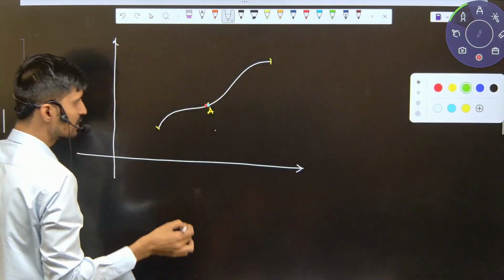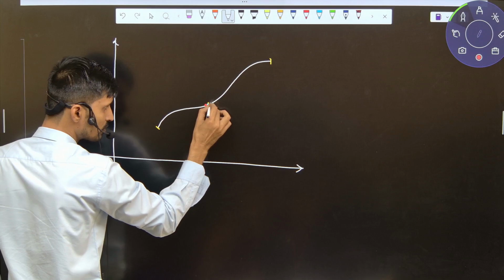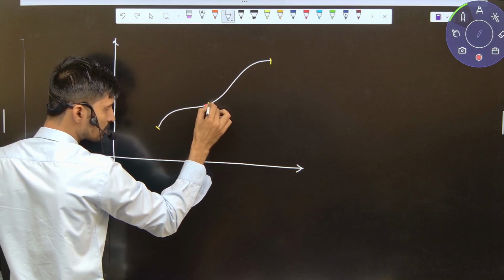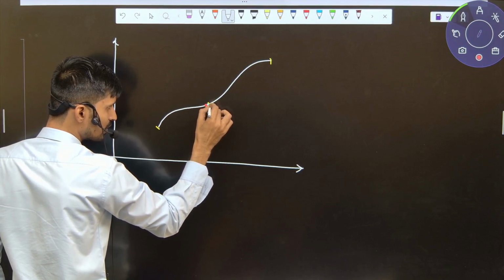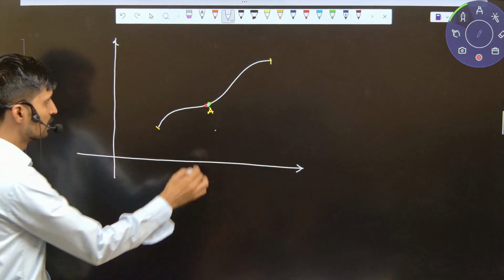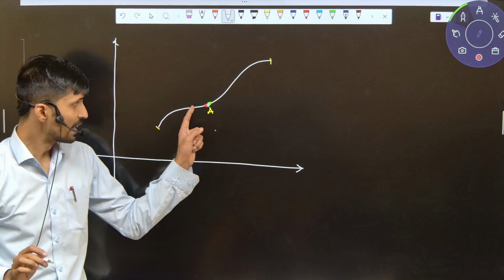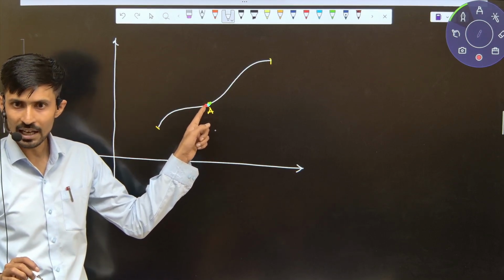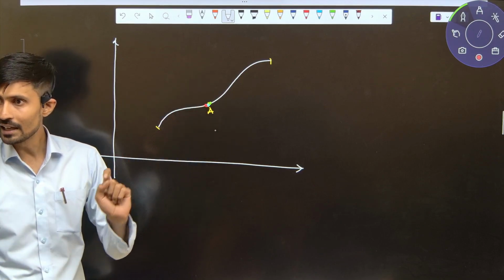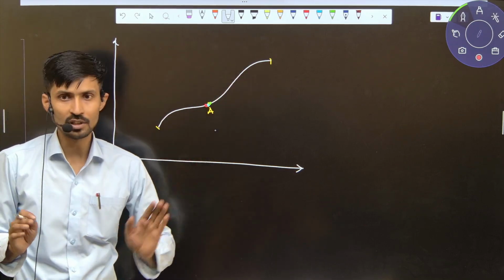See, that sky blue point is a point, and at that point the function is continuous.